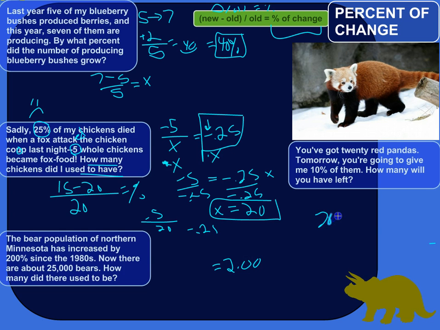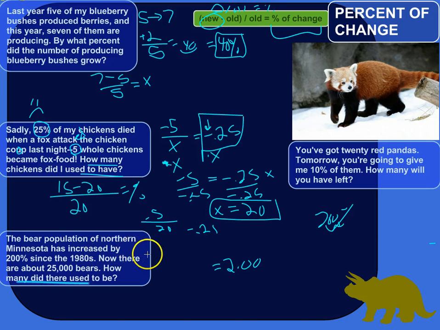If I take 200% and move the decimal over to the left, we get 2.00. Okay, so it's increased by 200%. Now there are about 25,000 bears. So I know the new number. How many did there used to be? I don't know the old number.